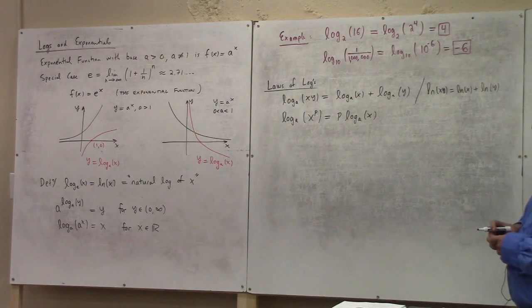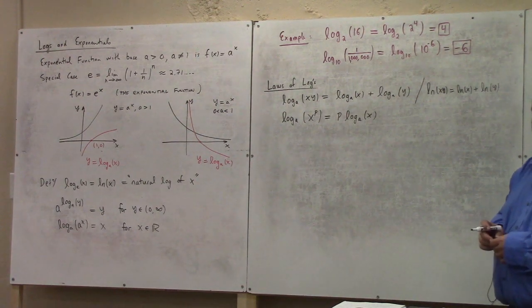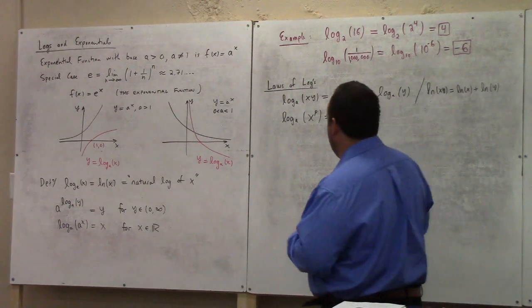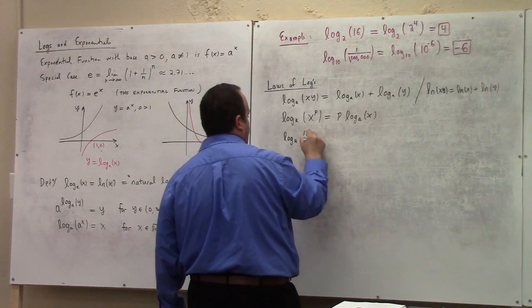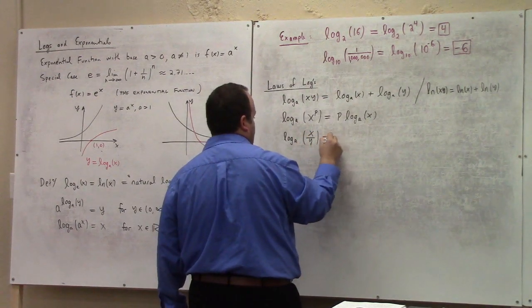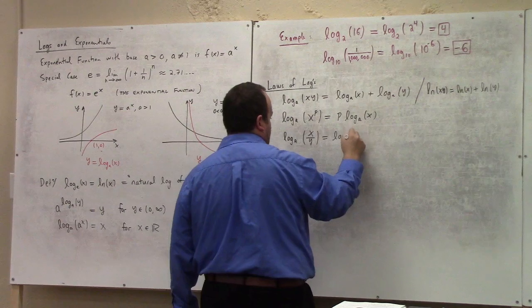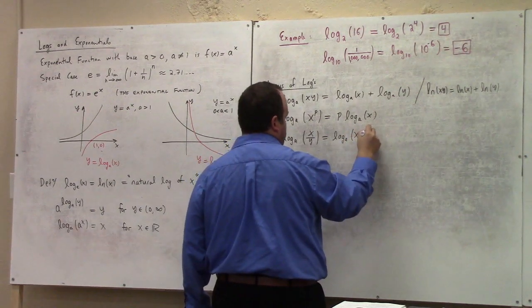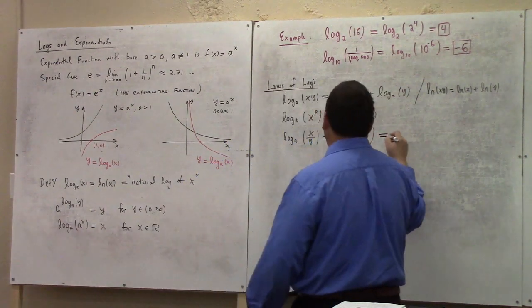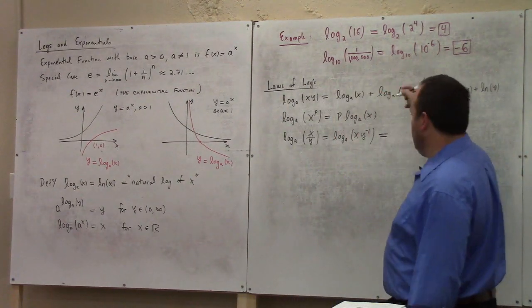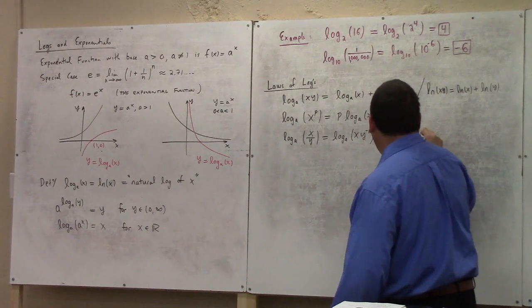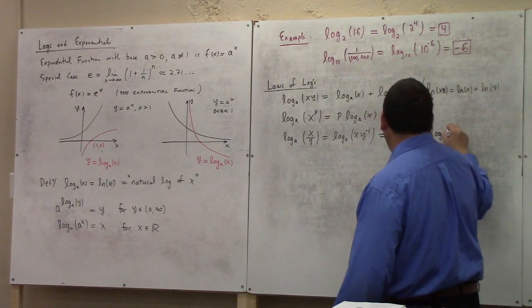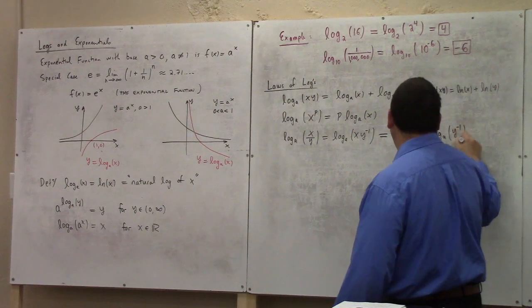And then you could look at a quotient, like log of x over y. How would that work? Let's think about that. That would be log base a of x times y to the minus 1 power, right? So if we use this one, we get log base a of x plus log base a of y to the minus 1, right?